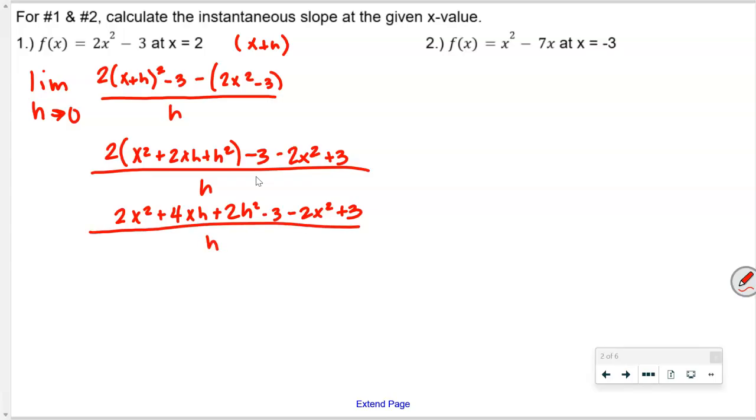Now let's see what we can cancel out. So I see a 2x squared and a negative 2x squared. I see a negative 3 and a positive 3. Now I'm going to go ahead and simplify this: 4xh plus 2h squared, and that's all over h.